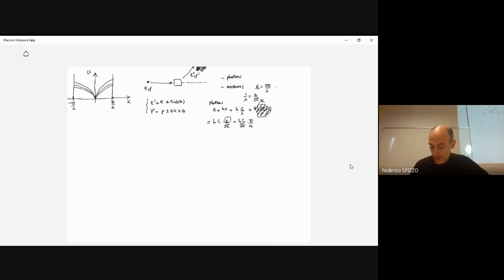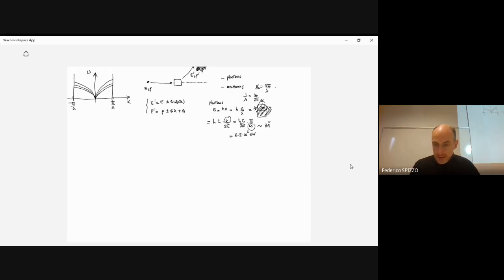In case we substitute here a of the order of 3 angstroms, then the energy of this photon is of the order of 6 times 10 to the power of 2 eV.